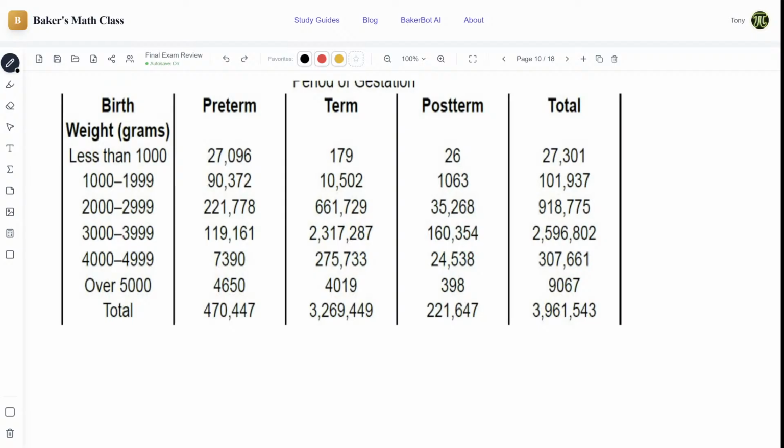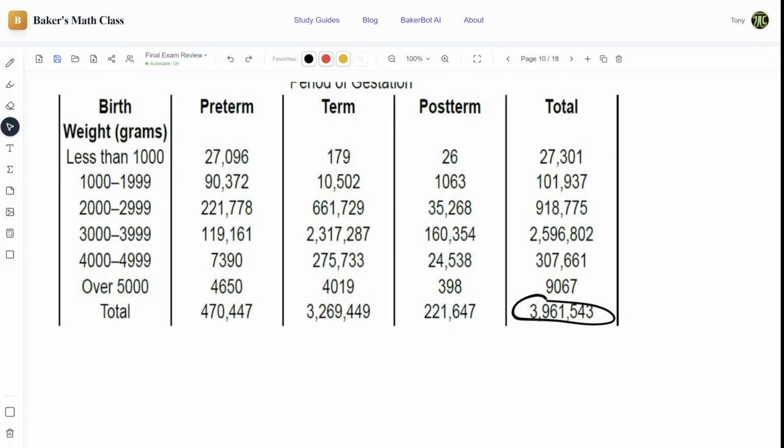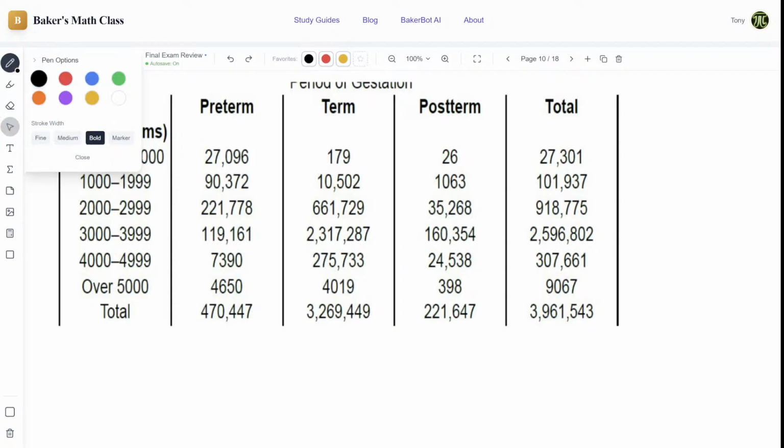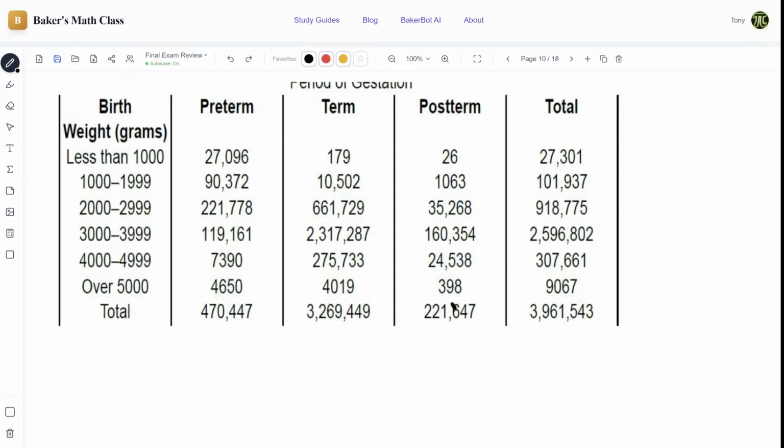Well, we have that actually. That's right here. So you're just going to take that divided by that. Okay, so we would take that and divide those two.